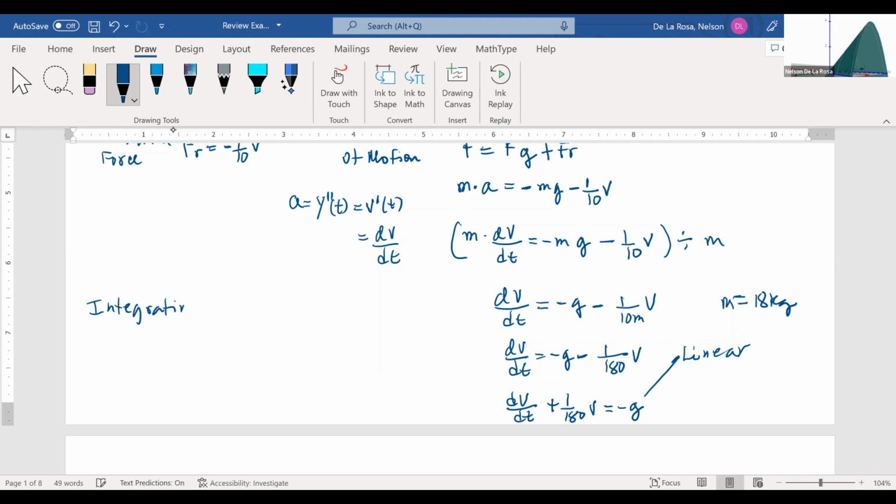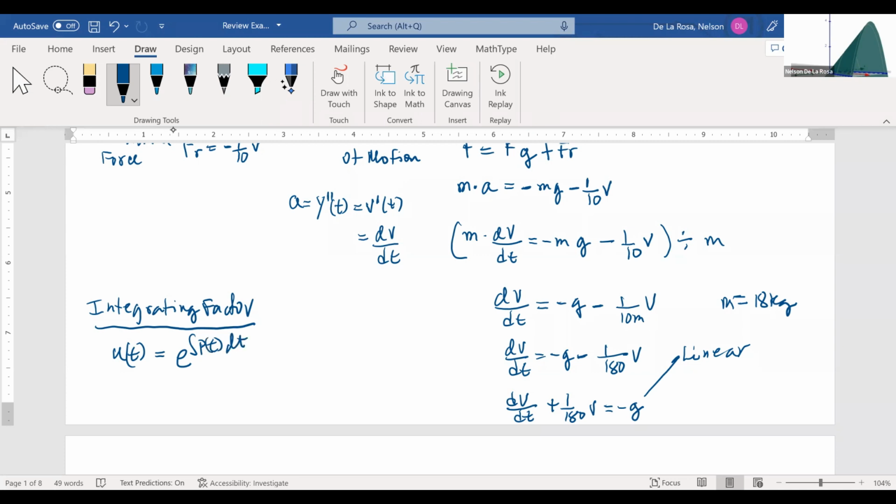Integrating factor of this linear equation, it is u of t. Recall now our independent variable is t, equals e to the integral of p of t dt.